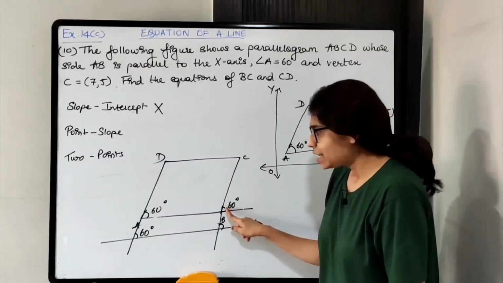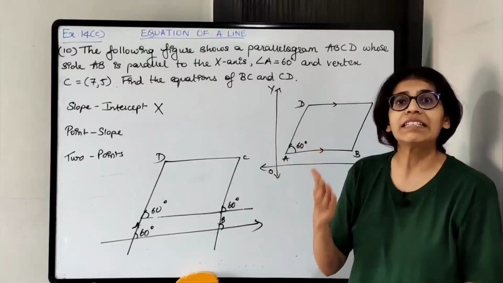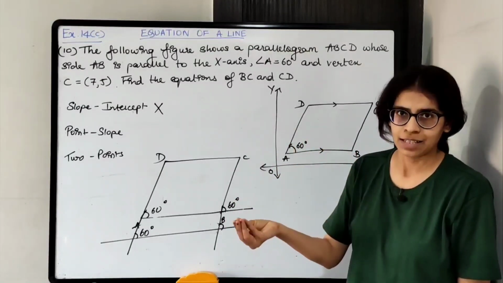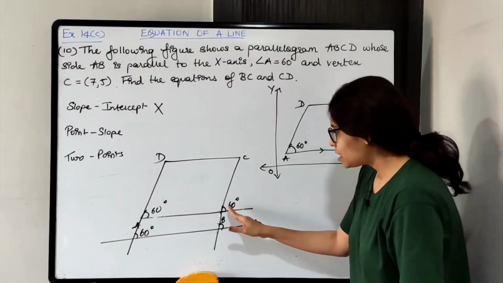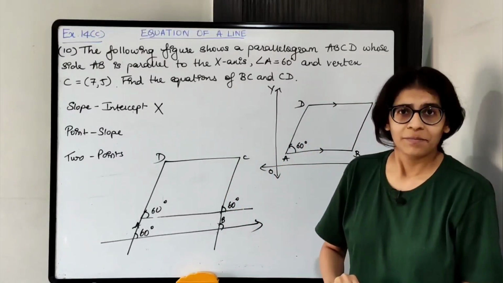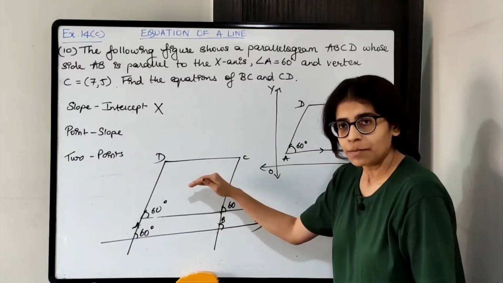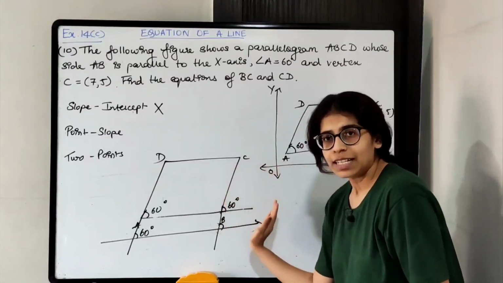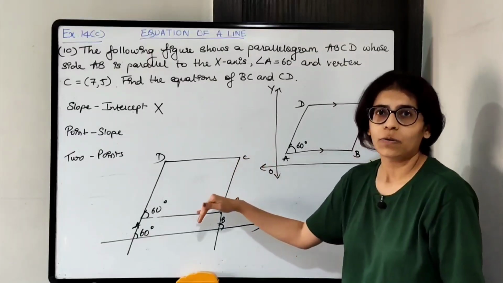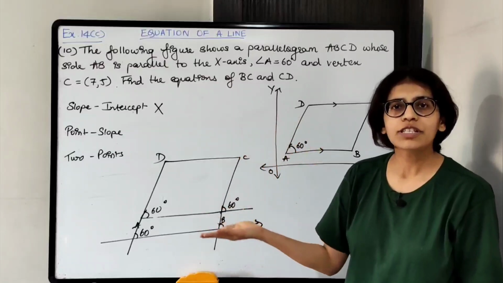So this is 60, which means its inclination is 60 degrees with the x-axis. Is it positive or negative? That is the important part. We measure from here, from the right side, going anti-clockwise. Whenever you are going anti-clockwise, the angle is positive.